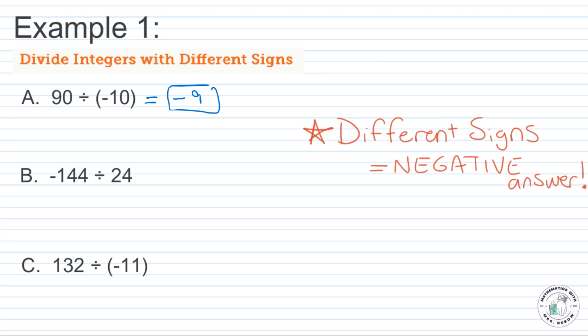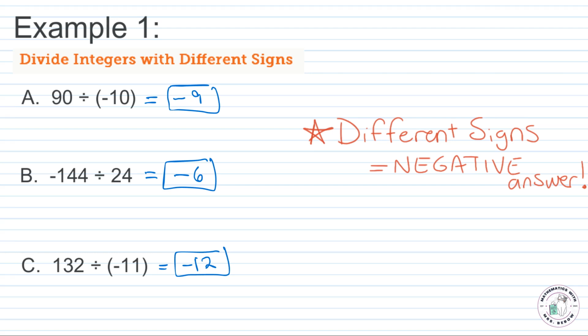Negative 144 divided by 24 is going to be negative 6, because different signs equals a negative answer. And for the last one on the screen, 132 divided by negative 11 is going to be negative 12. Why? Because different signs means a negative answer. You just have to keep that rule in mind when both multiplying and dividing integers. So different signs, negative answer.